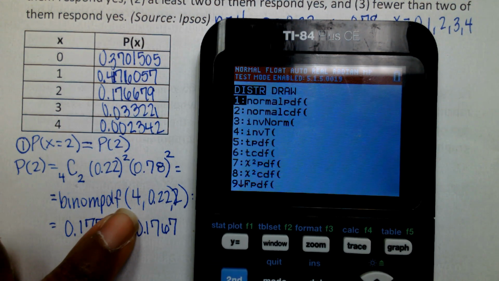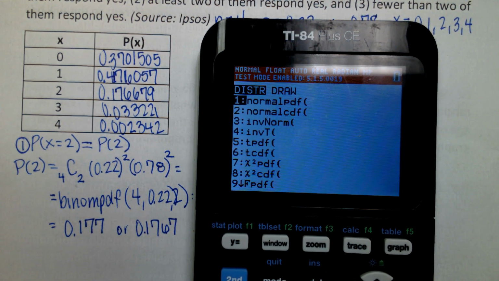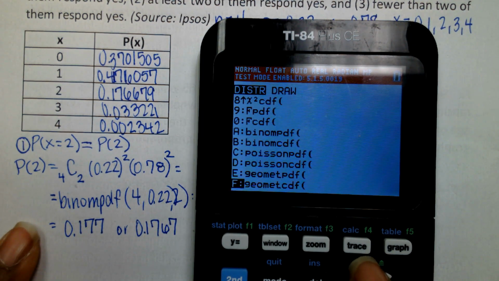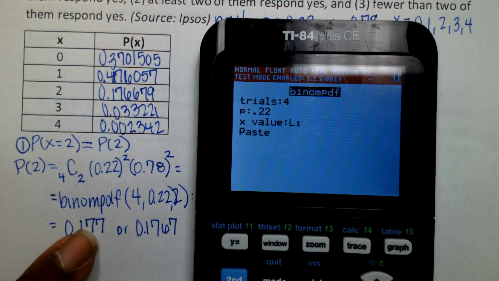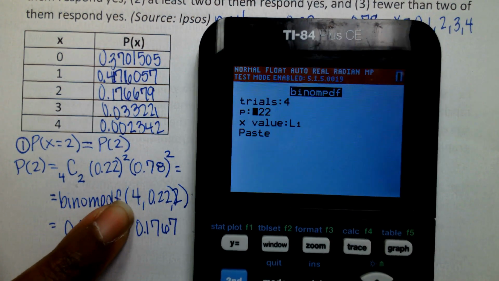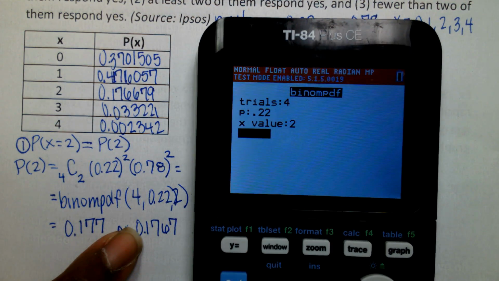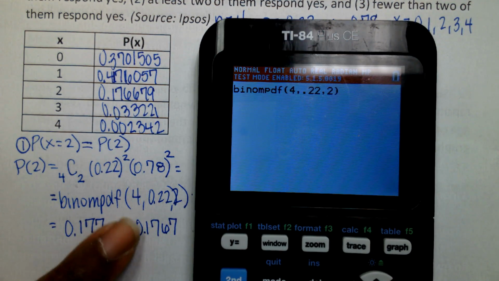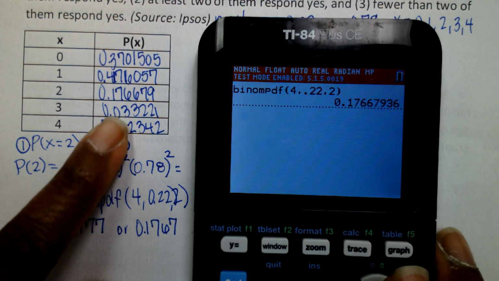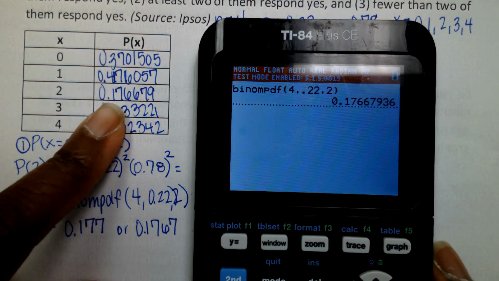So second bars. Binomial PDF. My computer went to sleep. 4, 0.22, and we're going to put a 2 in. There's that number.